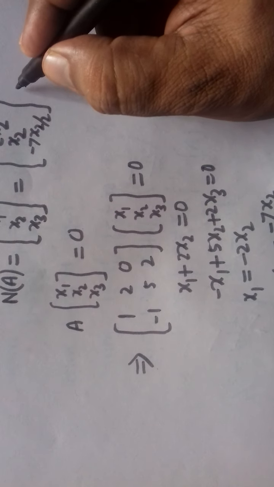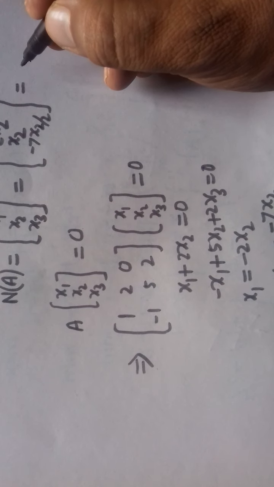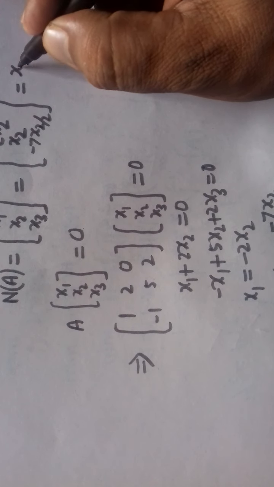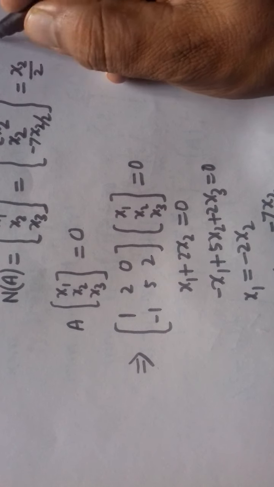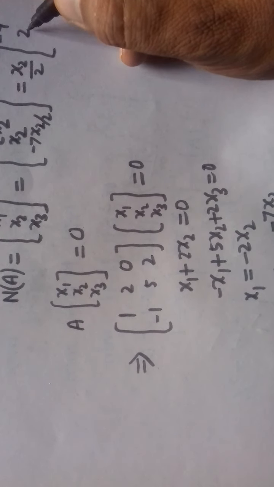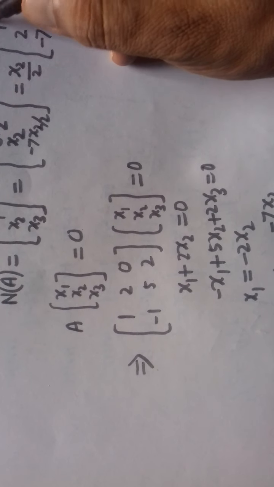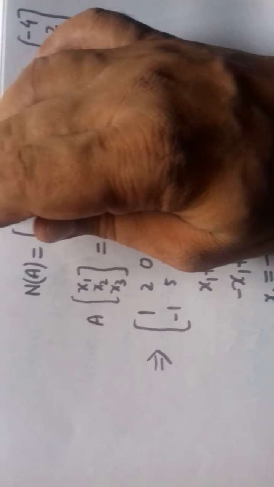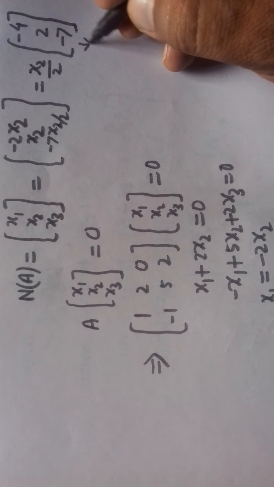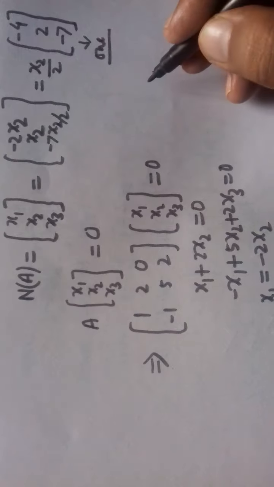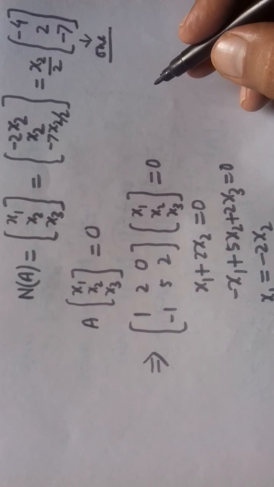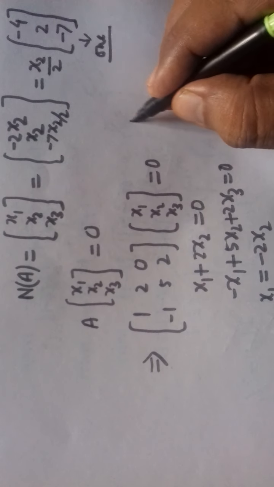From this we can take out x2 by 2, so this will be minus 4, this will be 2, and this will be minus 7. So the null space of A is one dimensional because we get one vector, so it has dimension 1.